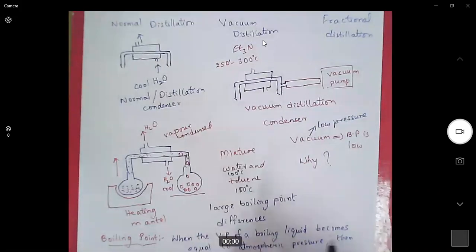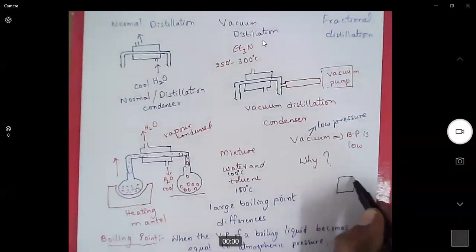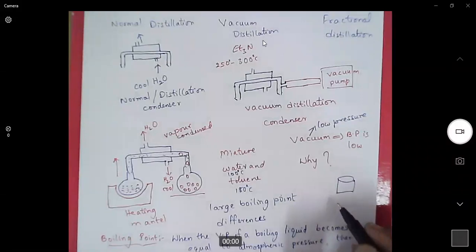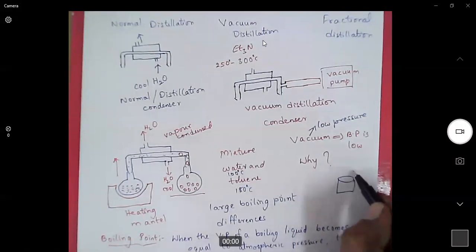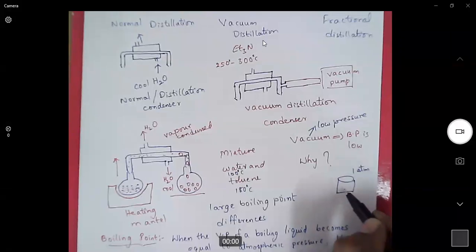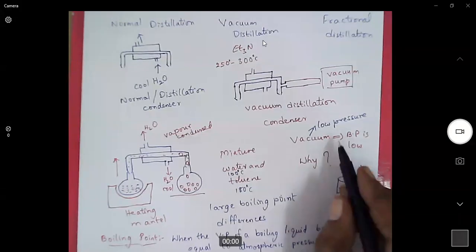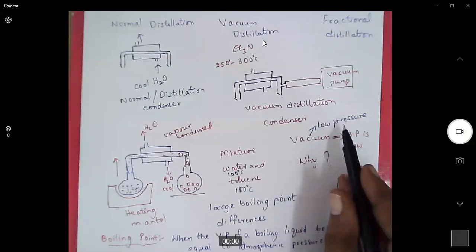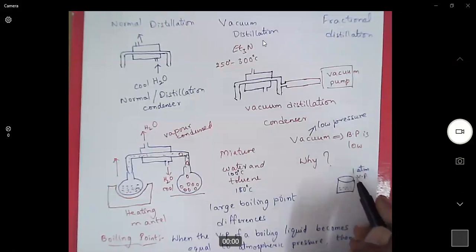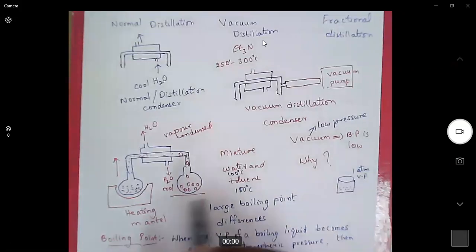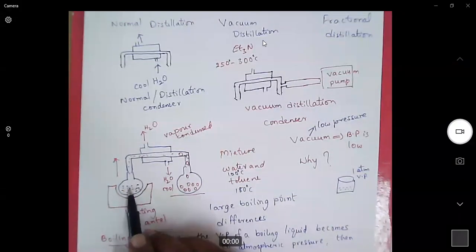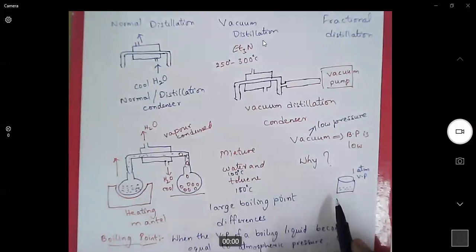In a normal open atmosphere, when we heat it openly, we need to get 1 atmosphere of vapor pressure for this liquid. But under vacuum, the pressure is very, very low, lower than 1 atmosphere. So the vapor pressure can easily match the low pressure in the system, so it will easily boil.